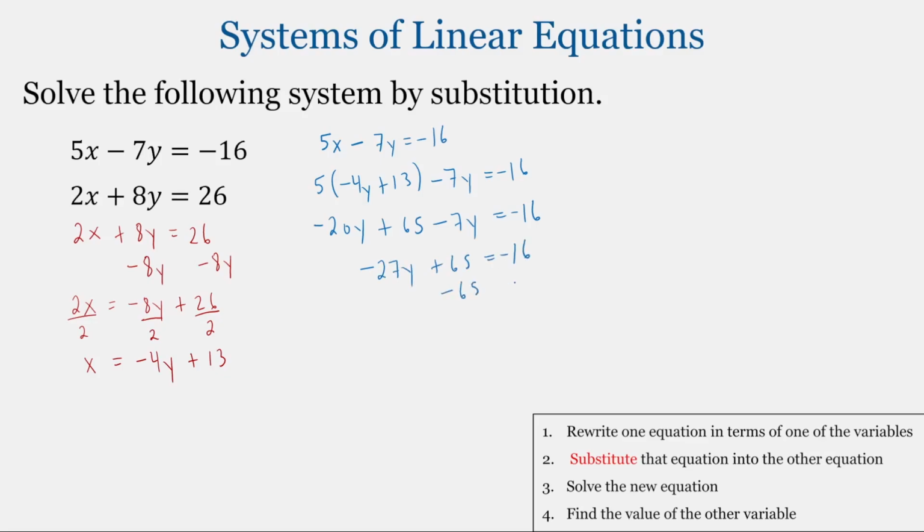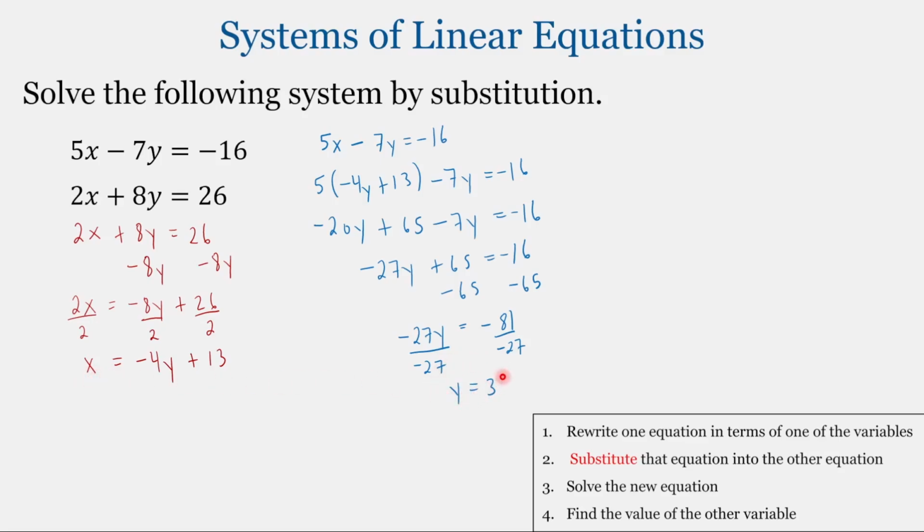Subtracting 65 from both sides, we end up with negative 27y equal to negative 81. And then dividing both sides by negative 27, this is y equal to 3. Now we have to find the value for x.